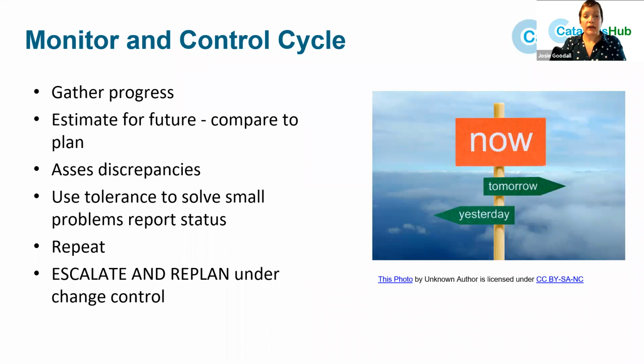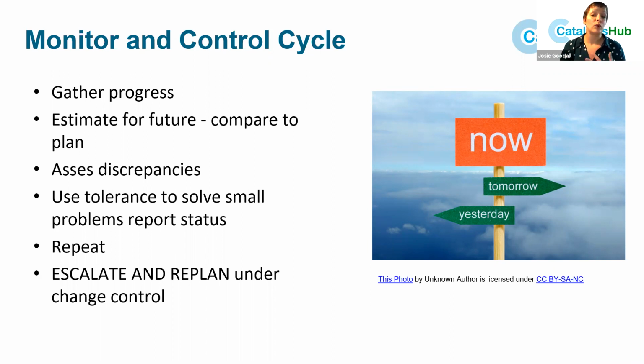So we are constantly looking at what's been achieved, the progress, and estimating, compared to the plan, where we're going. We need to look at where things aren't where they're meant to be, and hopefully in our estimates and our resources and our quality, we have tolerances.